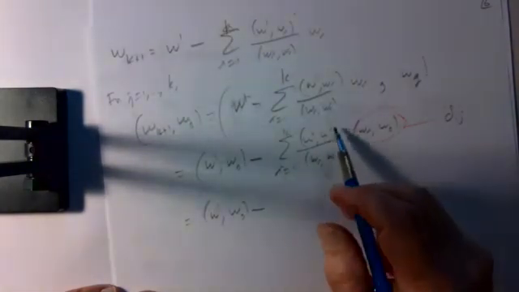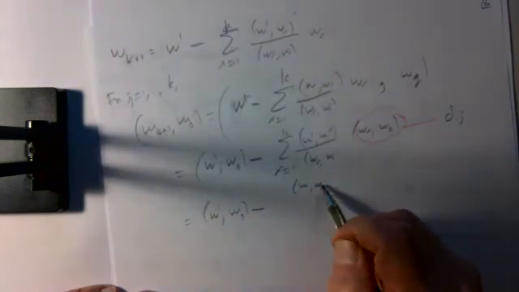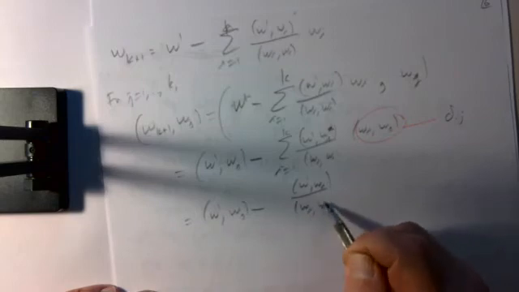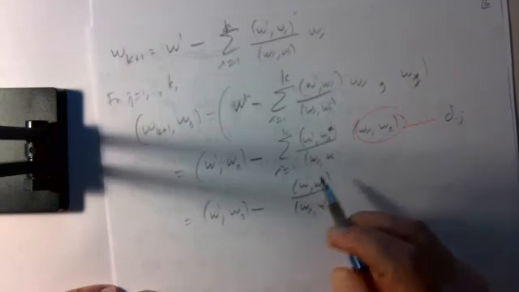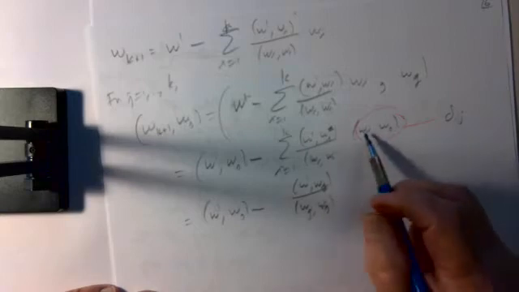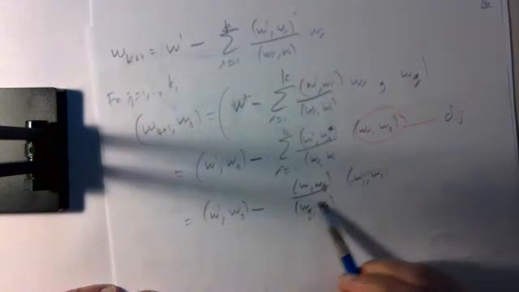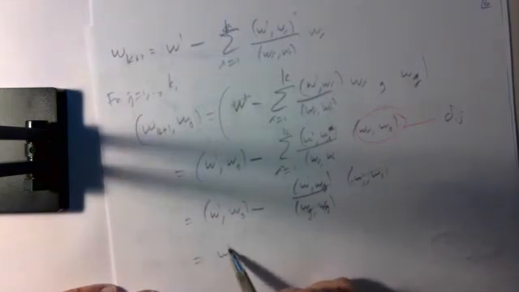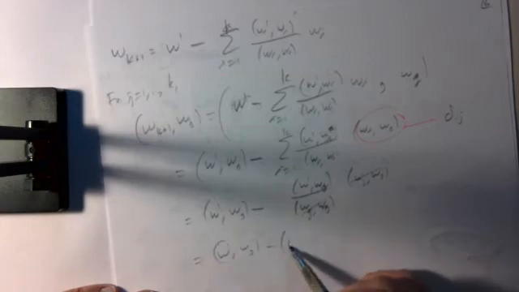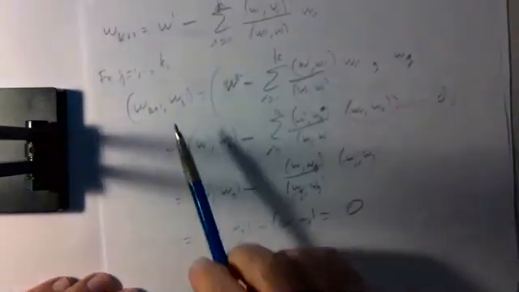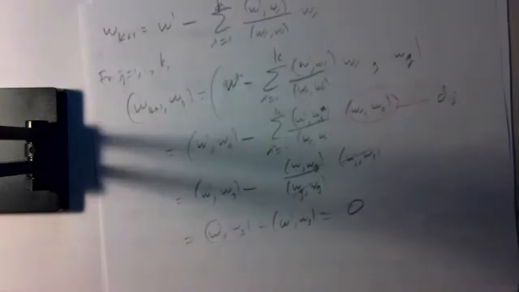When i is equal to j, this is the inner product of w prime and w_j over the inner product of w_j with w_j, times the inner product of w_j with w_j. These cancel. This is the inner product of w prime and w_j minus the inner product of w prime and w_j. That's 0. So w_{k+1} is perpendicular to all of the w_j's.